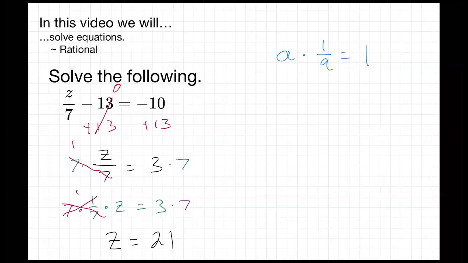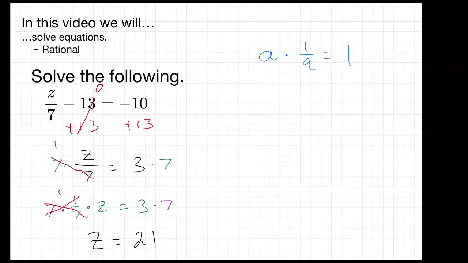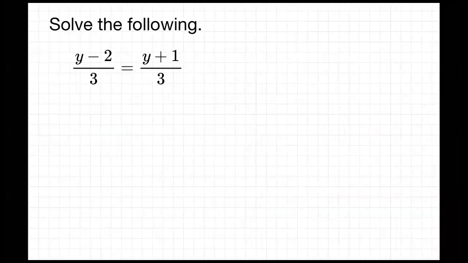Okay. Now, what I want to show from my introduction is what happens when we have more than one fraction and we begin to add more to the fractions. So here we now have two fractions, but both numerators, the top of the fractions, have expressions in them themselves, right? So we want to be careful how we handle them. The nice thing about these fractions, though, is they have a common denominator. If we take the same approach that we just saw, we can eliminate fractions by using multiplication.